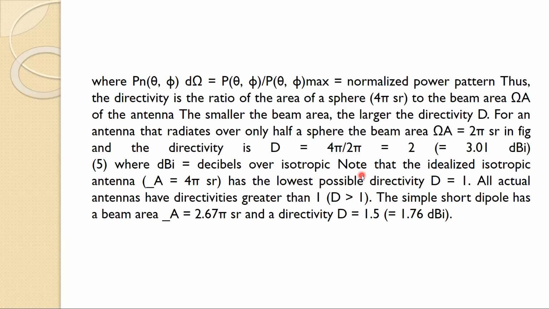Note that there is an idealized isotropic antenna, therefore the lowest possible directivity D equal to 1 should be possible. So all actual antennas have directivity D either equal to 1 or greater than 1.